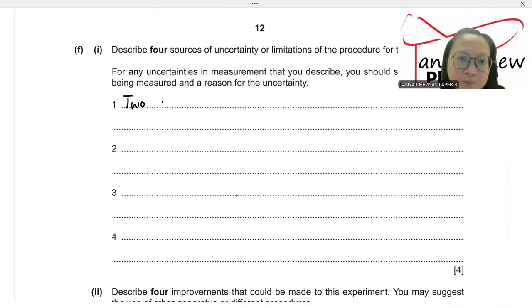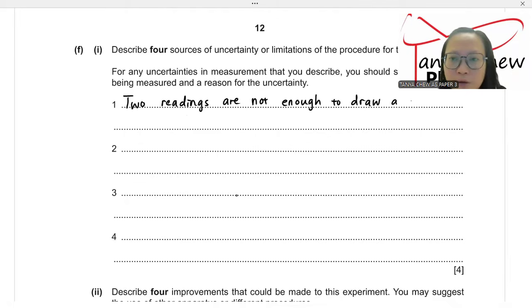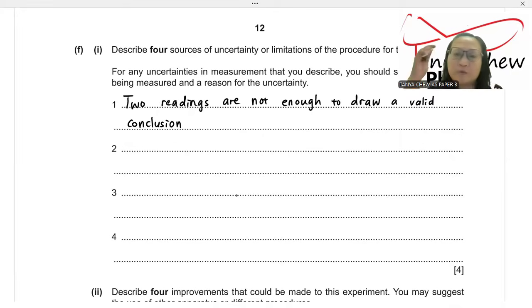Two readings are not enough to draw a valid conclusion. So as an experimenter, as a physicist, you definitely know that you cannot just depend on two readings. You have to conduct several readings, multiple readings, in order for you to test the relationship.